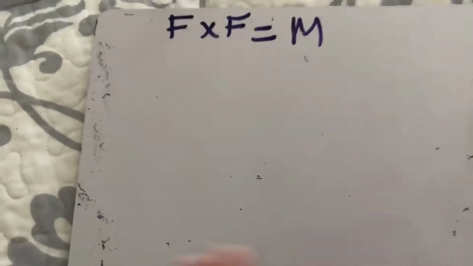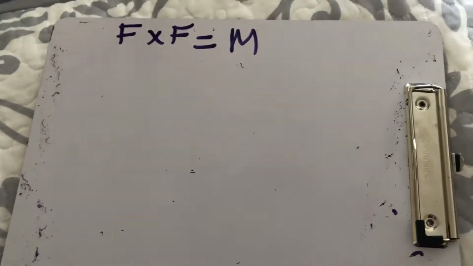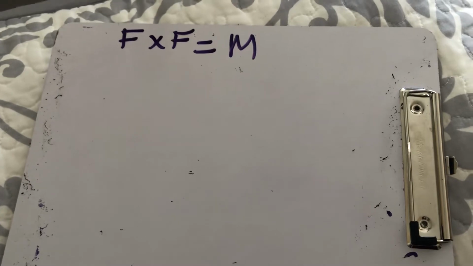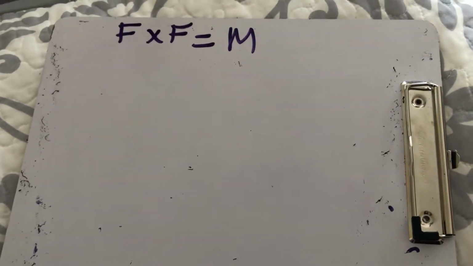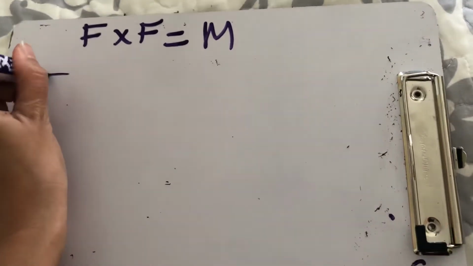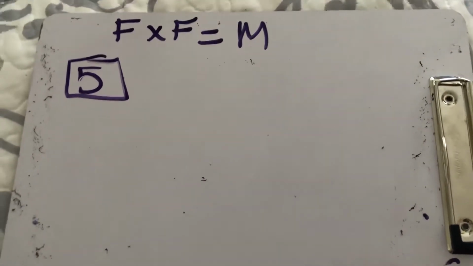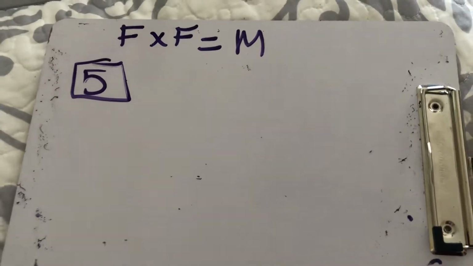Let's continue. What you're going to notice is some questions will ask for multiples of a given number, and then some questions will ask for all the factors of a multiple. So let's do multiples first. They might give you a number such as 5 and tell you to find the first 5 multiples of that number.